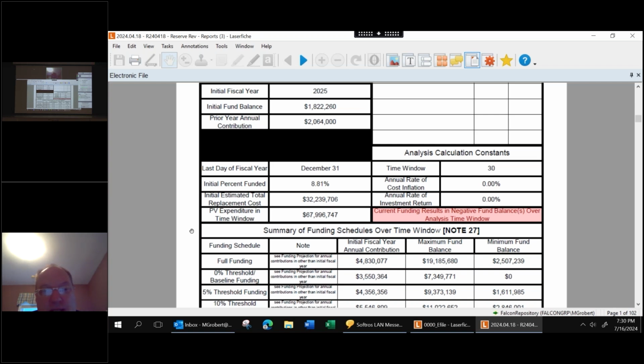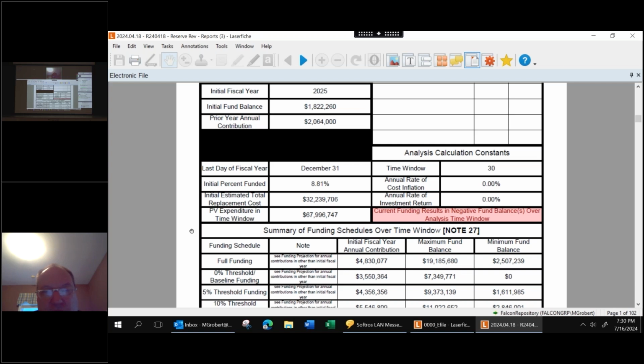The reason that's higher than your estimated initial replacement cost is because many of your items, such as your roads, for instance, which is a big part of this, are going to be replaced more than once over a 30-year term, typically, based on the scheduling. So it's a higher number, and it reflects items being replaced more than once over the 30-year time window.